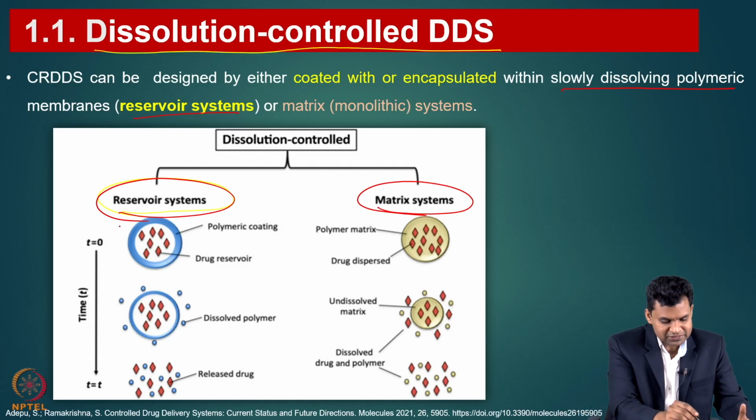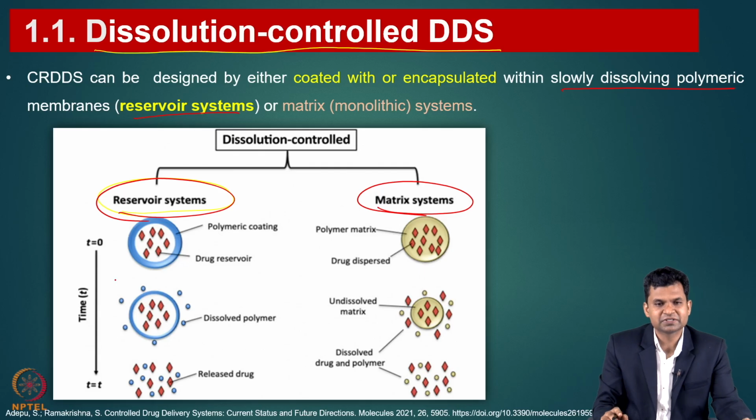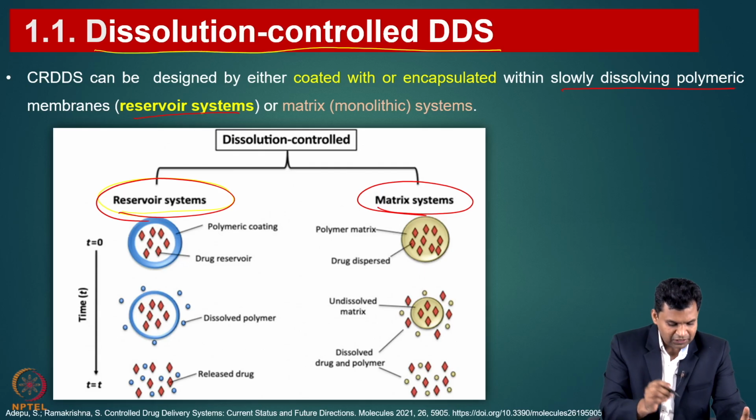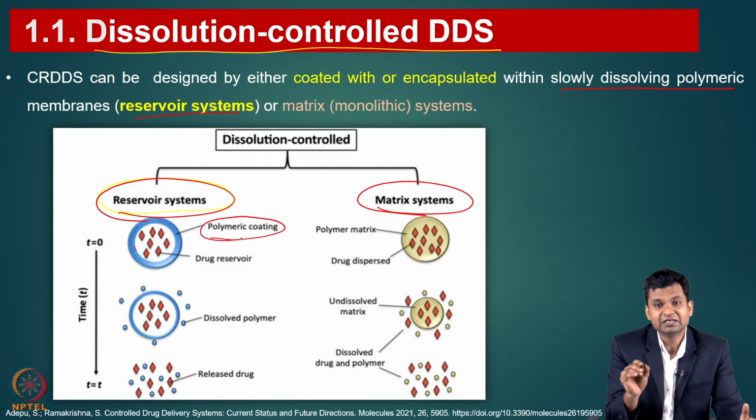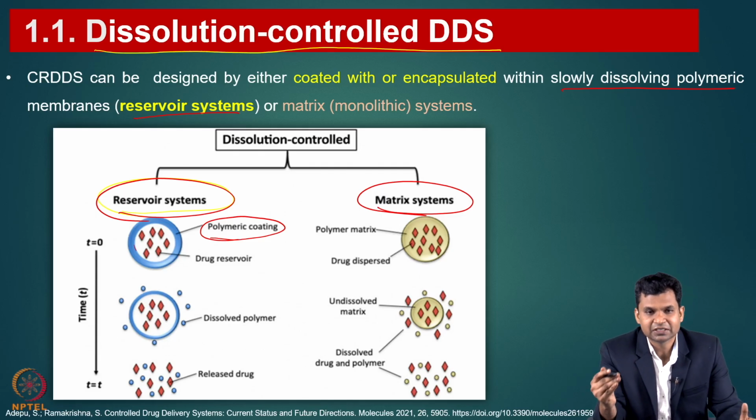Here you can see the pictorial representation of the reservoir system. These are the drug molecules, encapsulated by polymer coatings which will dissolve slowly. With that mechanism, the dissolution can be controlled.